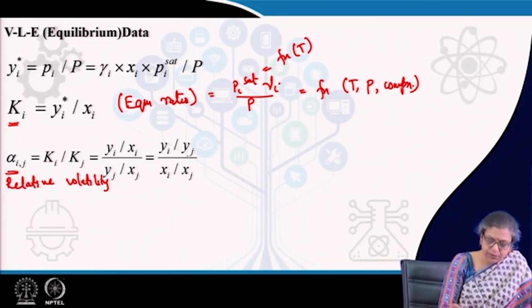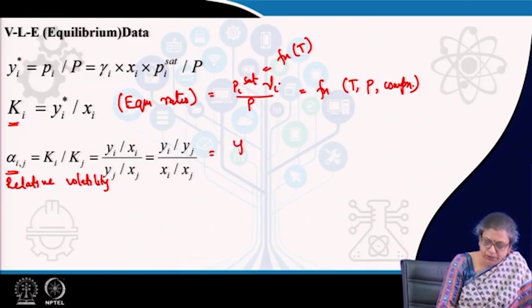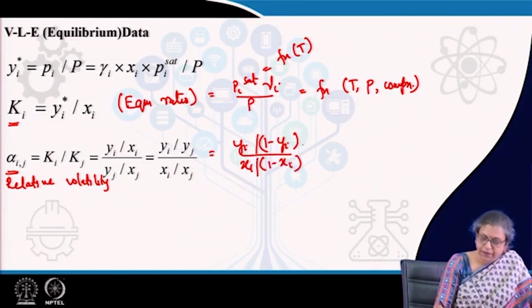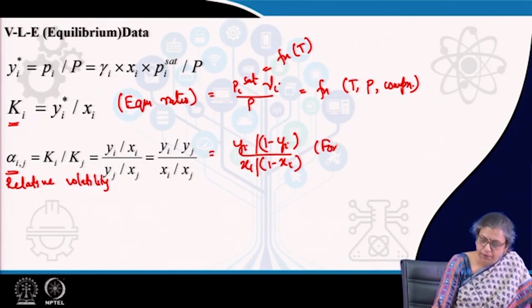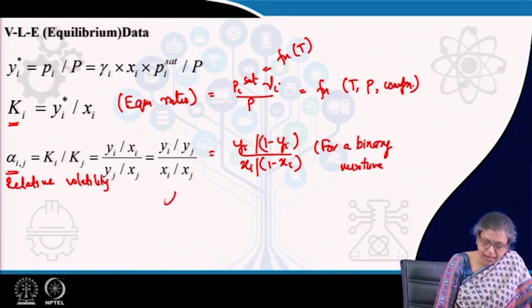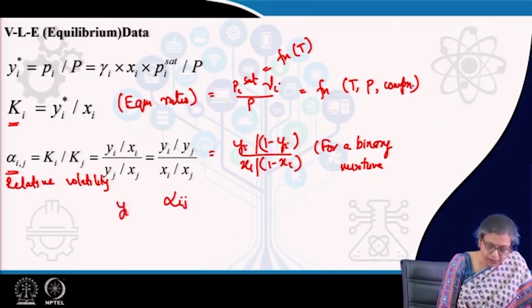And once alpha_ij is given, from this particular equation for a binary mixture, y_j equals 1 minus y_i and x_j equals 1 minus x_i. Therefore, for a binary mixture, once alpha_ij is known and you know your x_i, you can find out y_i the way I have substituted.